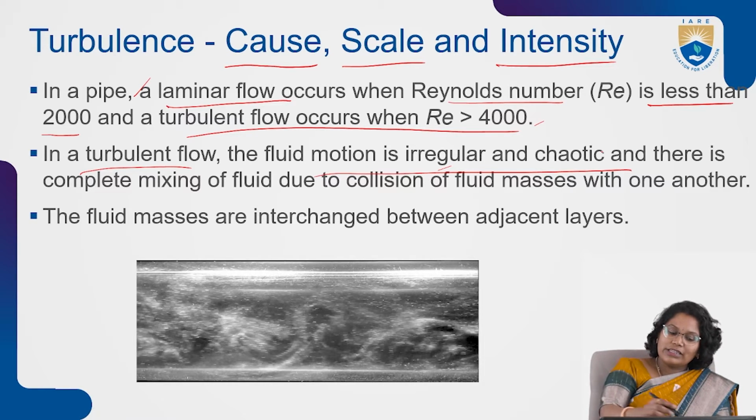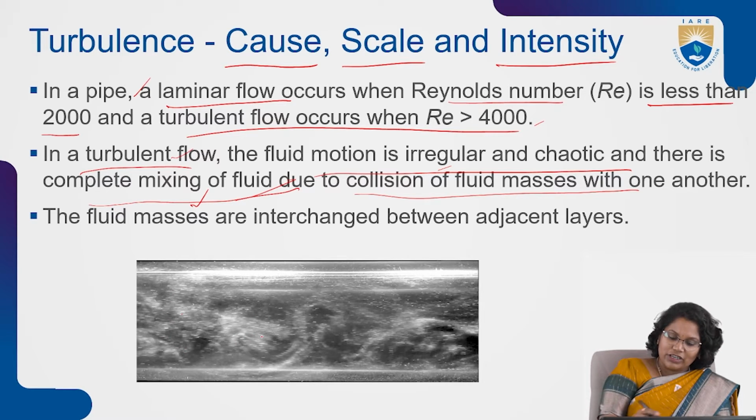So turbulent flow is mainly used for mixing purposes; we have seen applications also. There is complete mixing of fluid because particles jump from one point to another, due to the collision of fluid masses with one another.